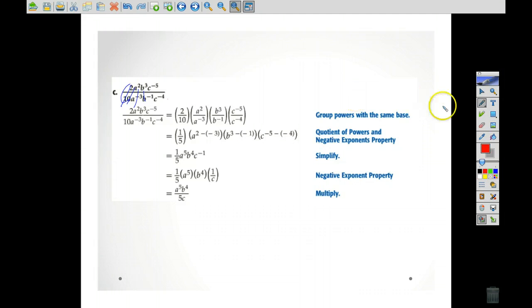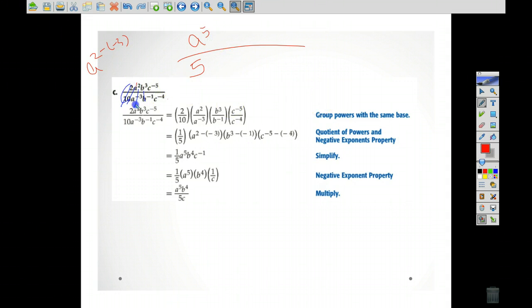All right, so here we had 2 over 10, which is 5 on the bottom, 1 over 5. I'm not going to put a 1 there. All right, you had a to the second minus negative 3, which became a to the 5th.